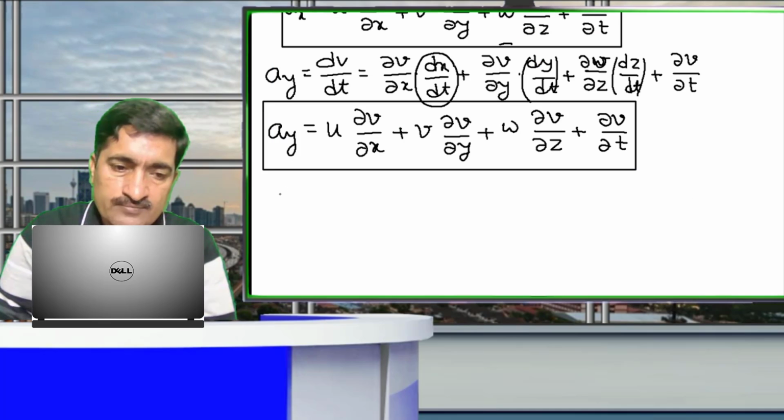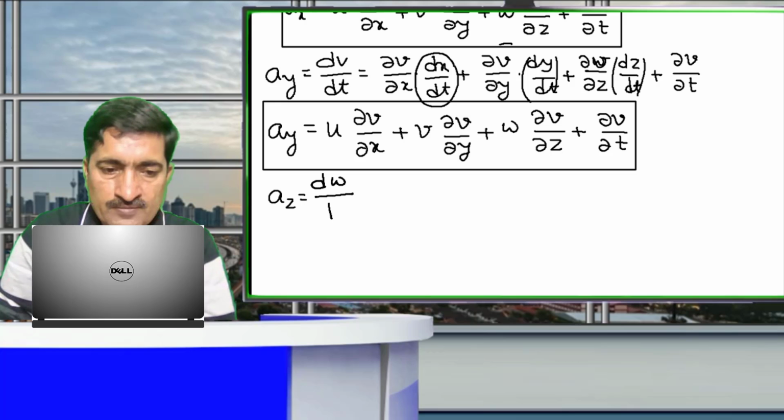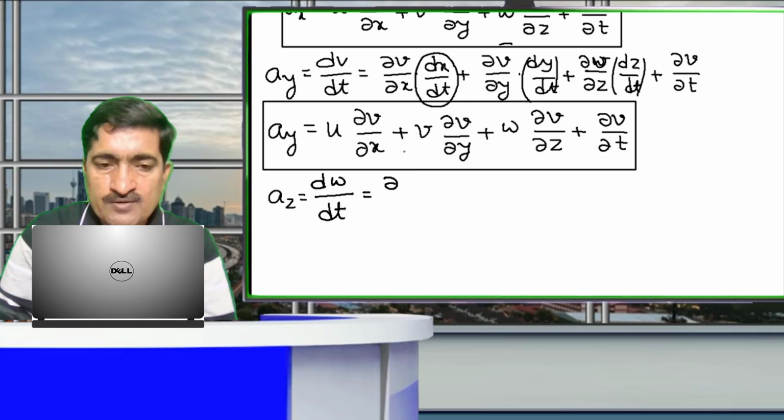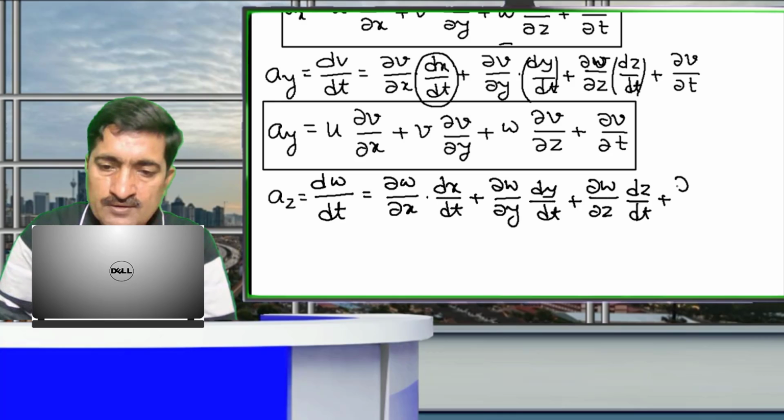Now, in z direction, az, acceleration in z direction, dw by dt, is equal to del w by del x dx by dt plus del w by del y dy by dt plus del w by del z dz by dt plus del w by del t.